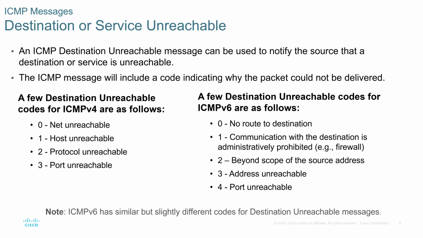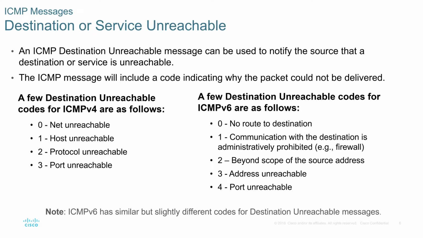A few destination unreachable codes for ICMPv6 are 0, there is no route to the destination; 1, communication with the destination is administratively prohibited, firewall or access list, some type of blockage; 2, the request is beyond the scope of the source address; 3, the address is unreachable; and 4, the port is unreachable.